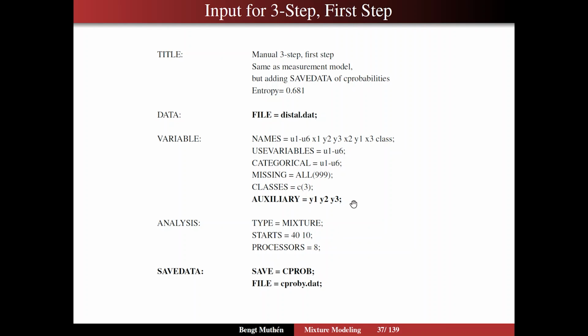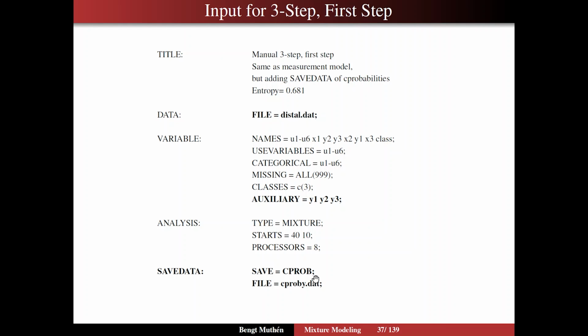So we're not using it for automatic 3-step BCH as we did before, where we have parenthetical expressions with 3-step and BCH connected to these variables. So these 3 variables are the additional variables, the distal outcomes that we add to get to the full model in the last step of 3-step.